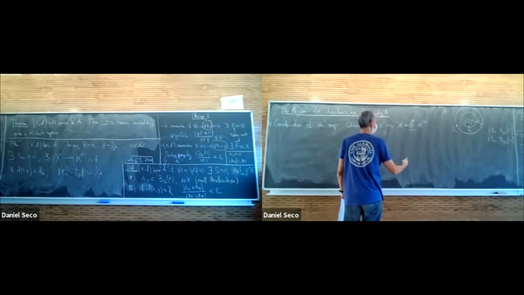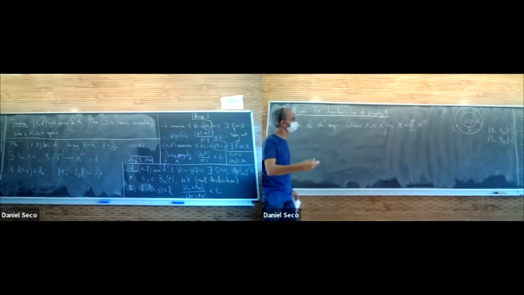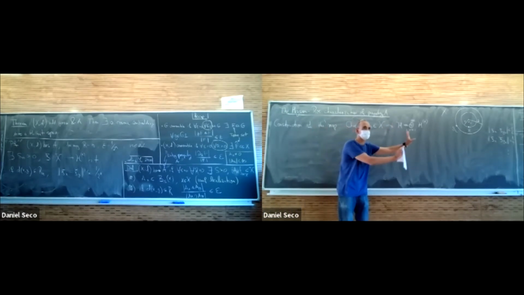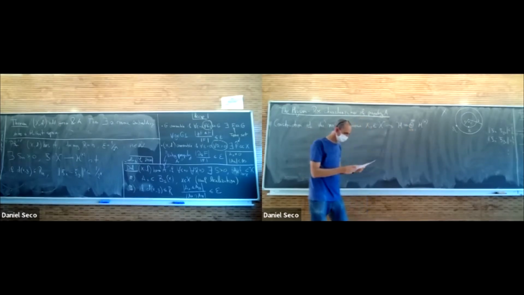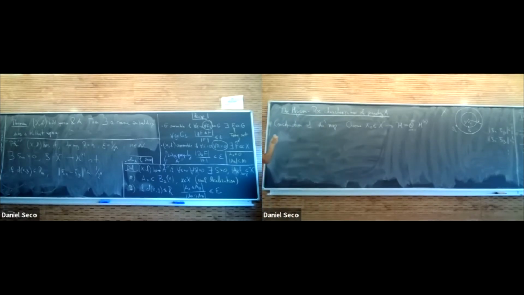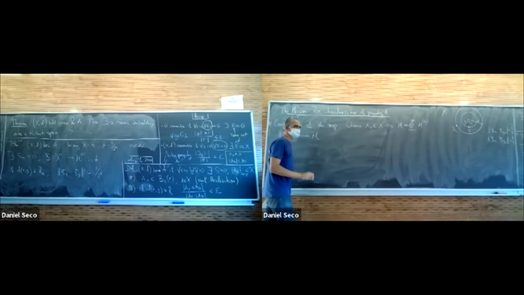So H1, orthogonal sum H2, H3, and so on. And this is going to be the Hilbert space where I'm going to embed my metric space. So I need a map, a quasi-isometry, from X into H.